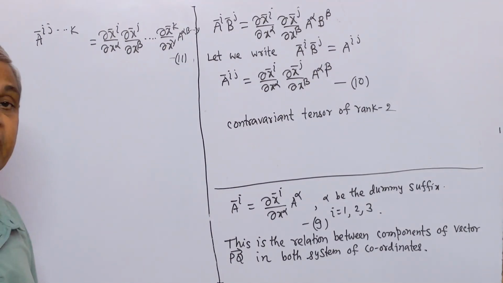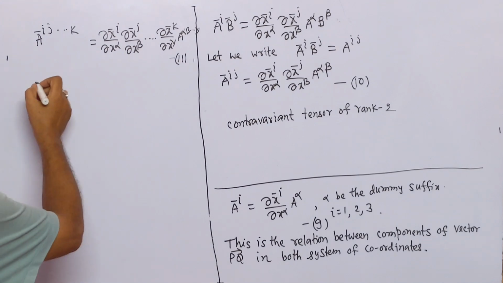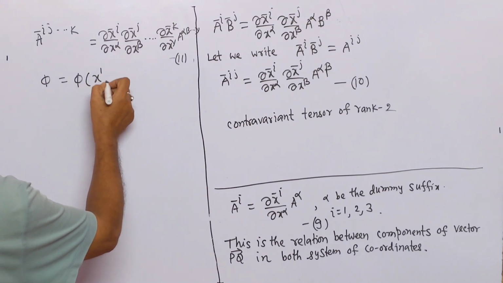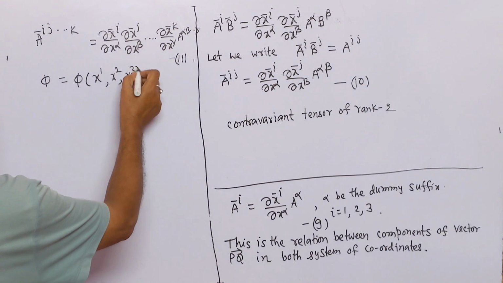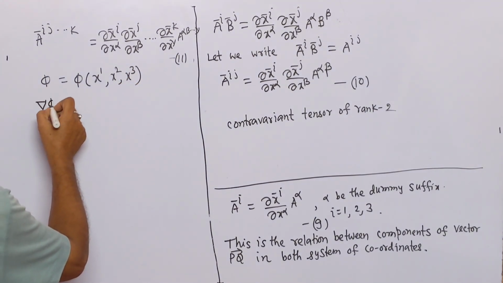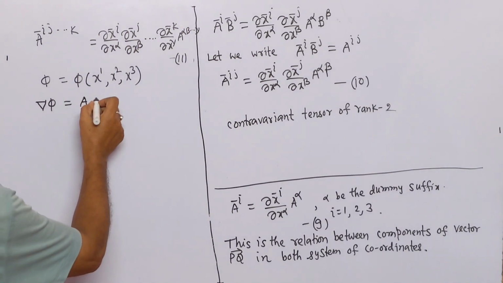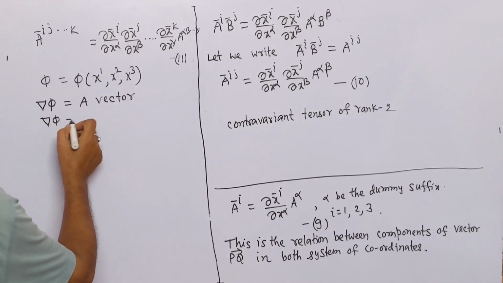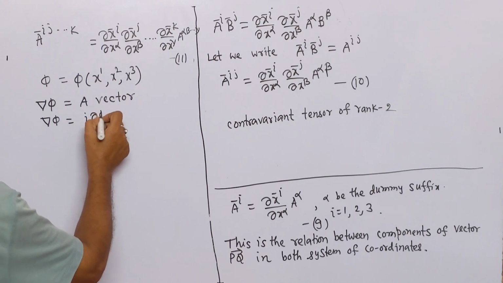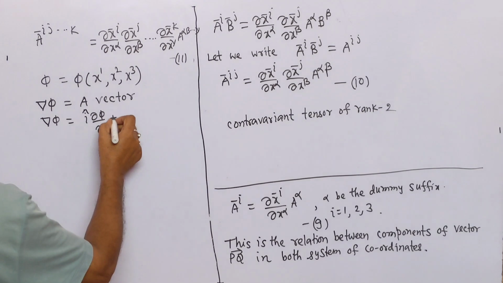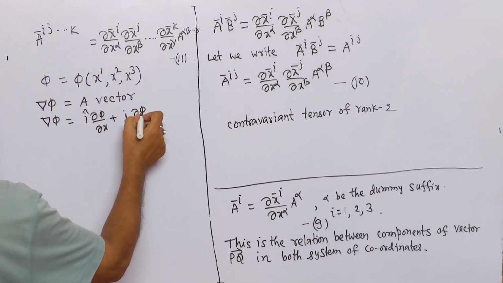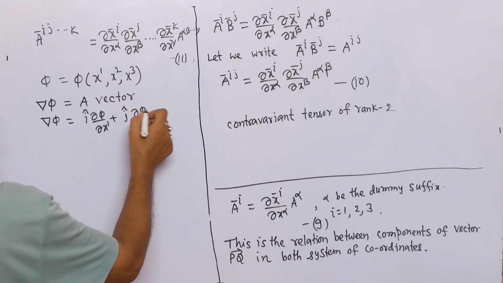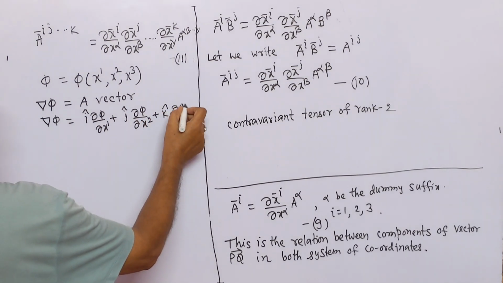We may write a vector in another form. Let phi be a scalar valued function. Phi is a function of x1, x2, x3. Nabla phi is a vector. We may write Nabla phi equal to i del phi by del x1 plus j del phi by del x2 plus k del phi by del x3.